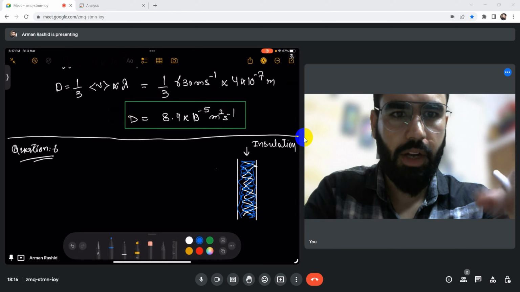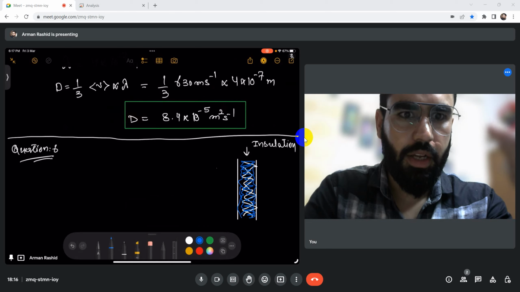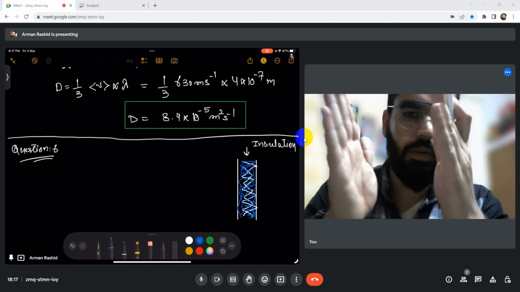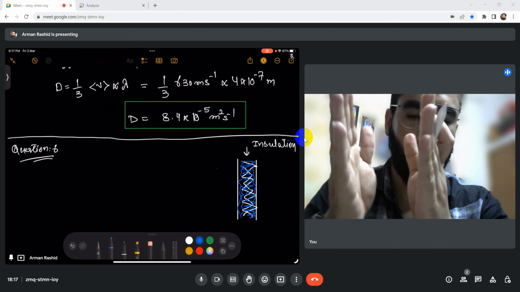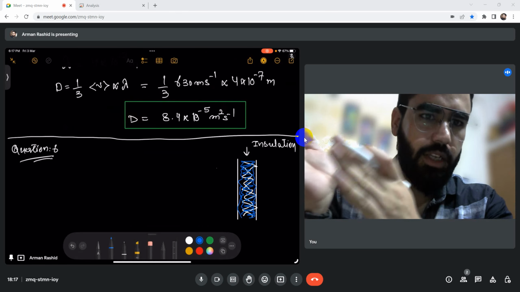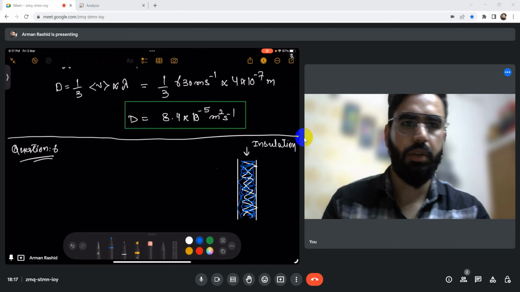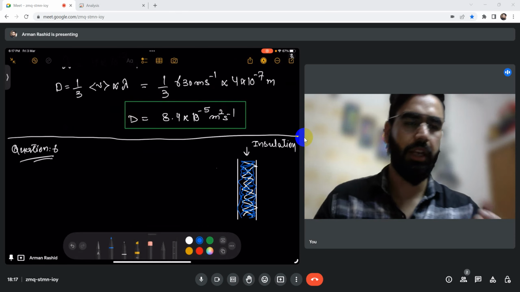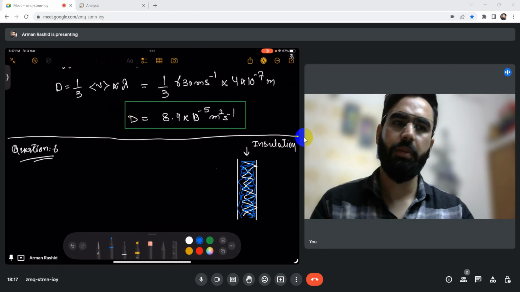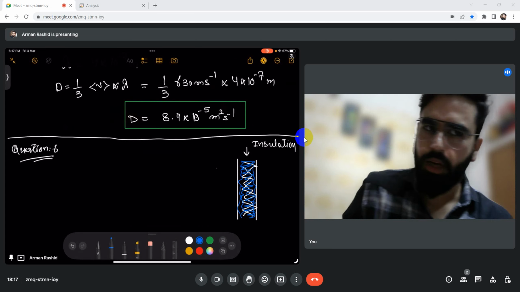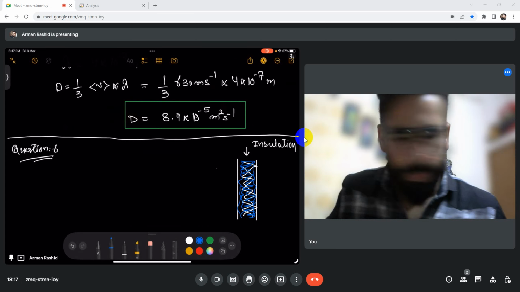You have a covering and a very high thermally insulating material in between the walls. As a result it will not allow the heat to escape, or if you want to keep it cold, it will not allow the heat to come inside. One of the best insulating materials for buildings is fiberglass.